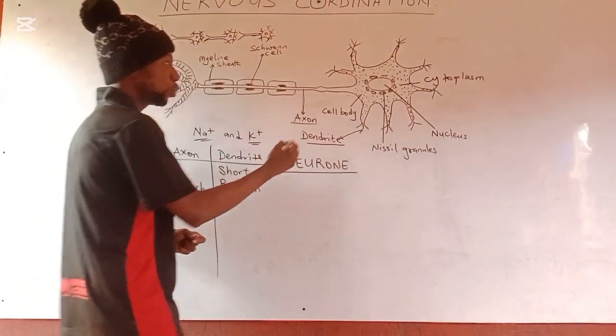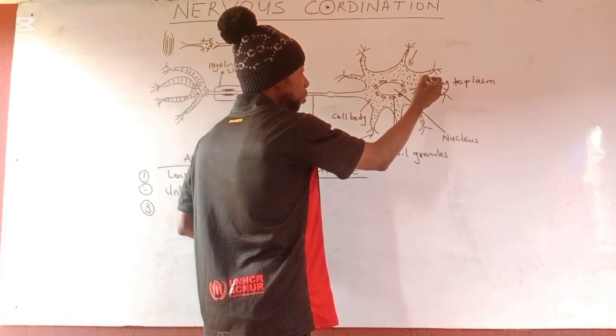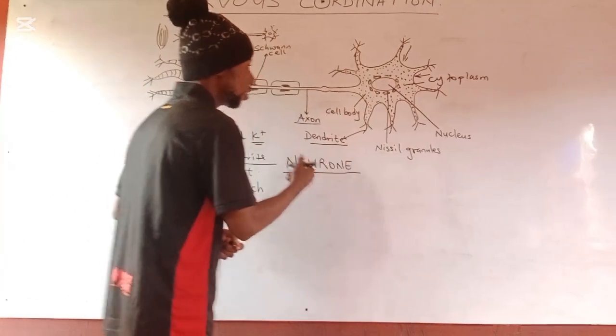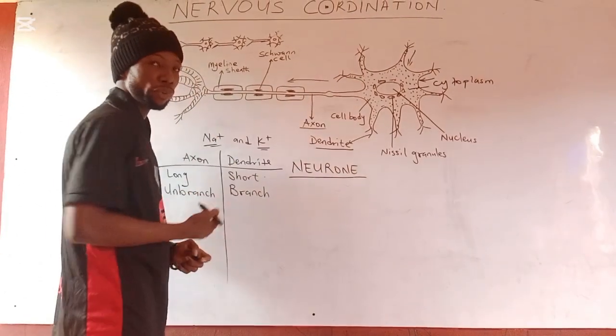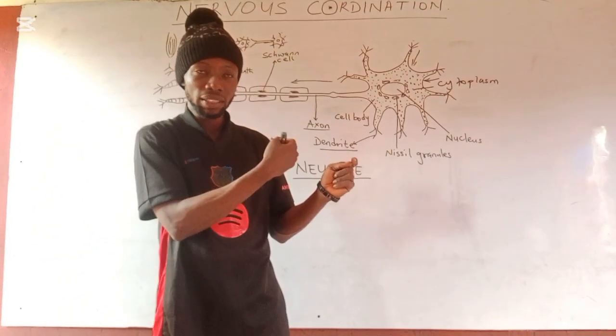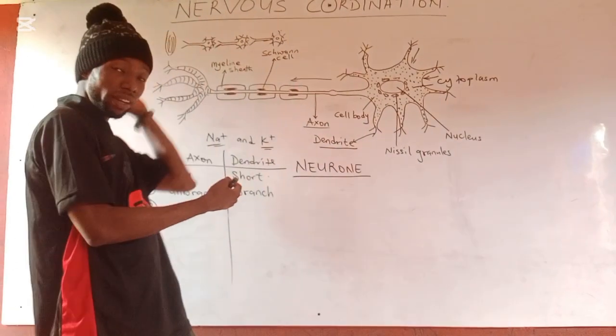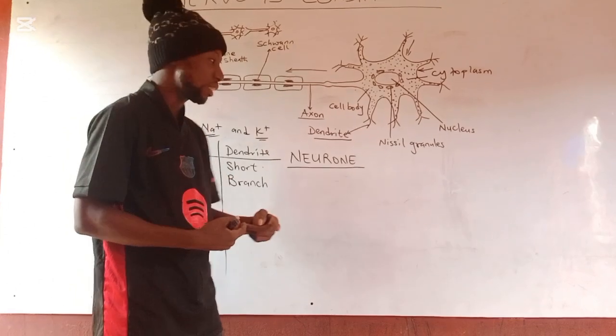See the mode of transmitting impulses. The dendrites send impulse to the cell body, while the axon takes the impulses away from the cell body. This is the mode of impulse transmission.